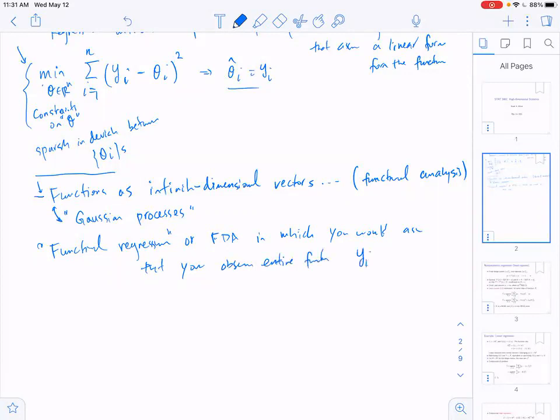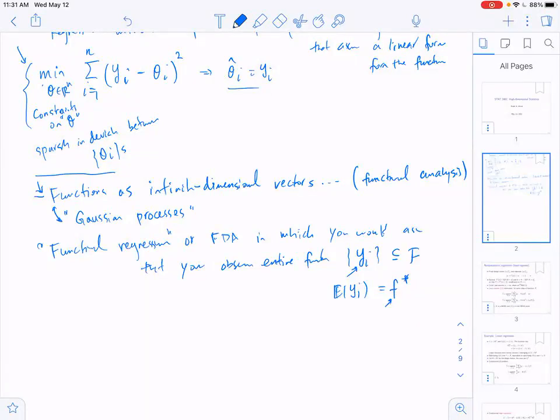So your observations would be in some functional space, and there is a certain mean to them. The expectation of these would be a particular function of interest, and then you want to estimate this.